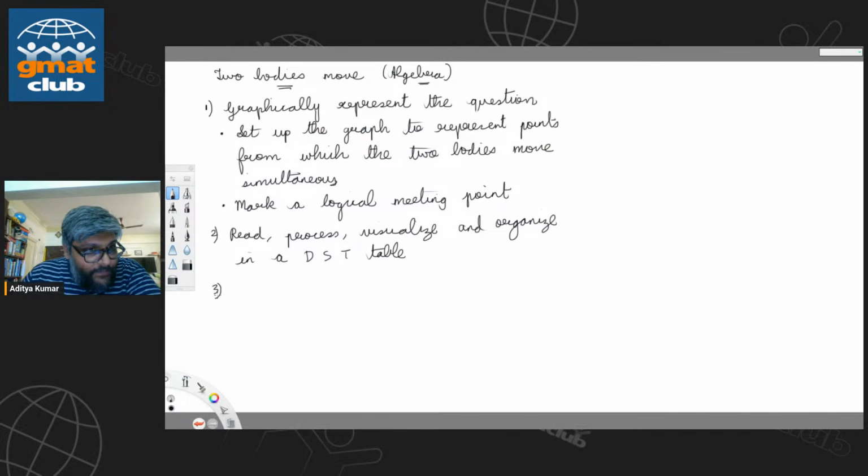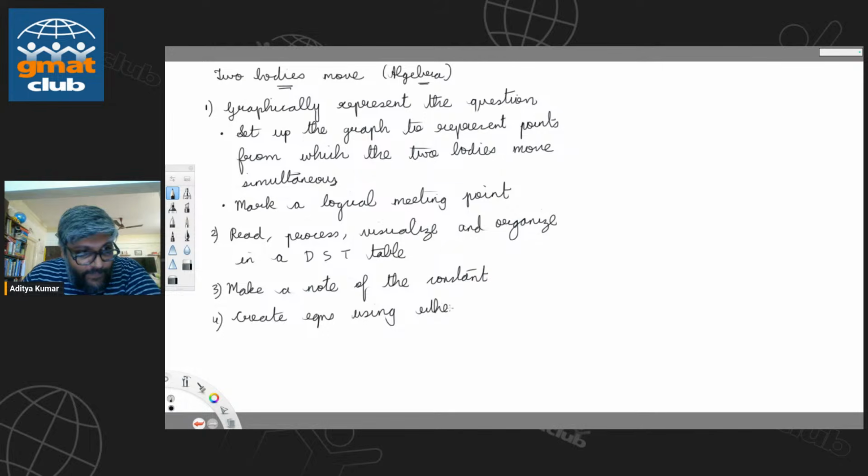And third, I would definitely make a note of the constant. And finally, I would put all the pieces together and create equations using either the distance or the time.